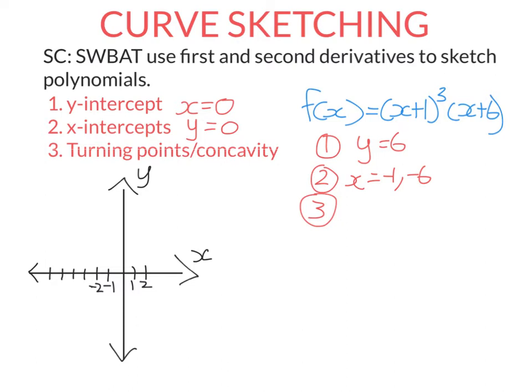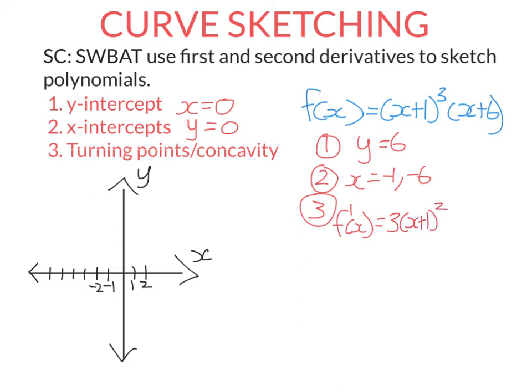So let's differentiate this. We could expand this and differentiate term by term, but it's probably a bit easier to use the product rule. So remember the product rule, you differentiate the first. To differentiate this, you're actually using the chain rule, power to the front, decrease the power by 1.